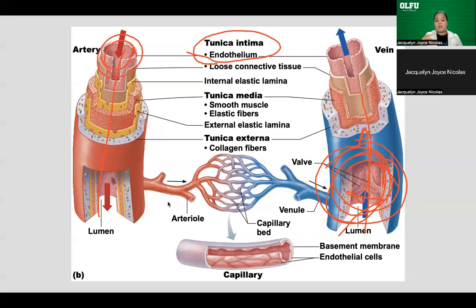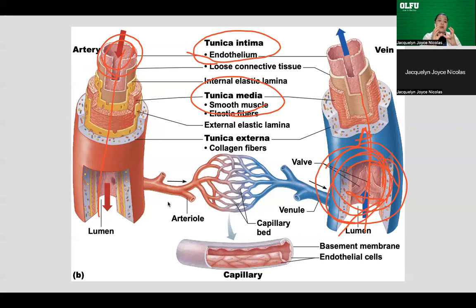Another difference among the three layers, of course, is the characteristic of the tunica media. As I said earlier, when we talk about the artery, the blood flows in a high pressure environment.